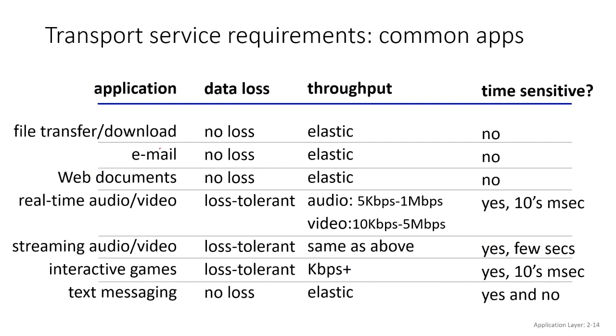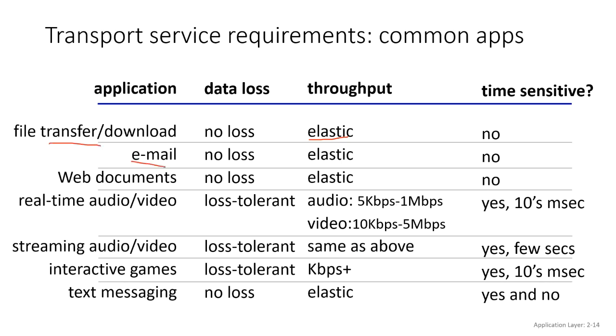All right, so here you have a table of the transport service required by those apps. As you recall, elastic here means that they do not worry too much about the bandwidth, and when they're not elastic, then they worry about the bandwidth. They would like to have a bandwidth requirement before going through.